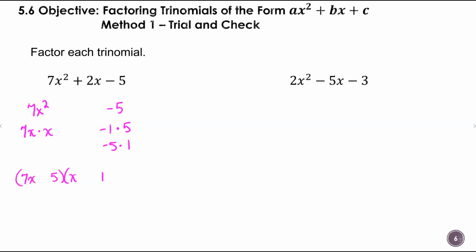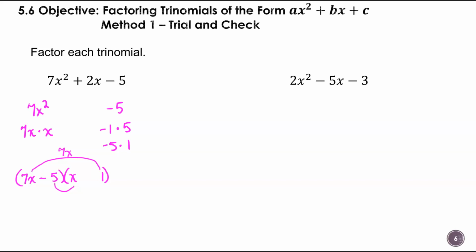Now I have to decide on my signs, right? Am I going to make the 5 the -1 or the 1 the -1? Well, let's look at this. I'm going to look at this term and this term. I have a 7x for sure on this one, and I need to get a +2 when I add them.